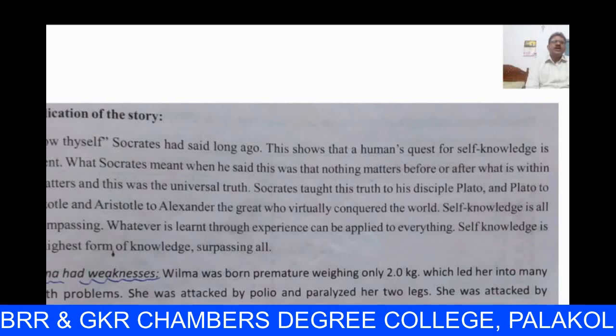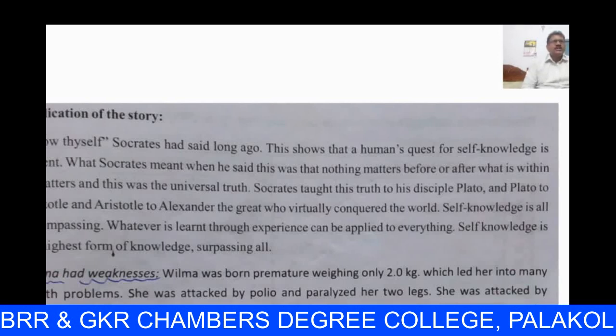And this was the universal truth. There are so many universal truths, like the sun rises in the east, the sun sets in the west, man is mortal. So many things. Okay, know thyself is also one of the universal truths.